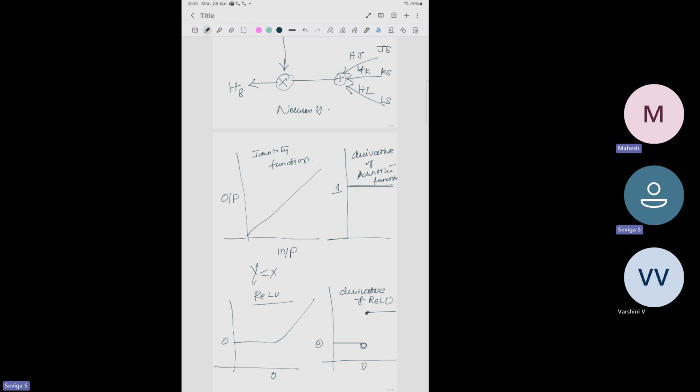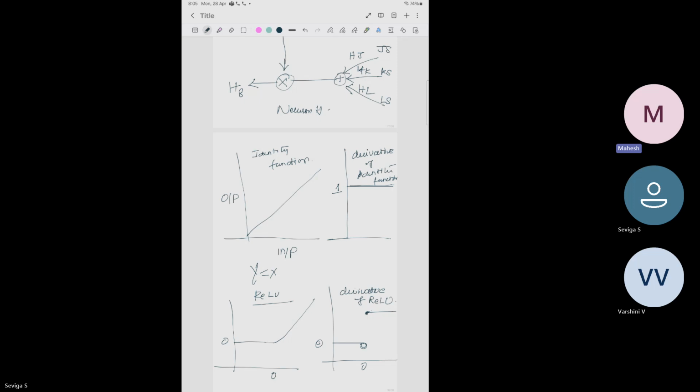So for ReLU, up to 0 the derivative is 0 because the slope is 0, but immediately it shifts to the identity function, where the slope is 1.